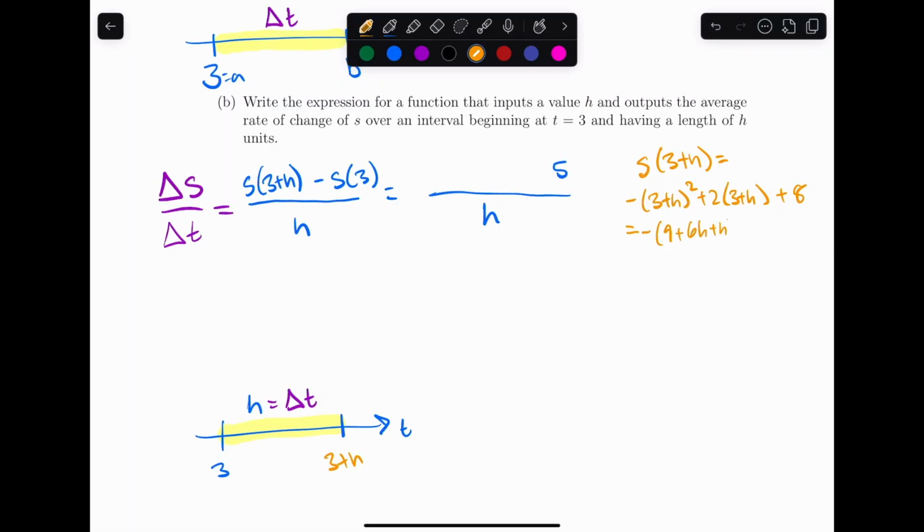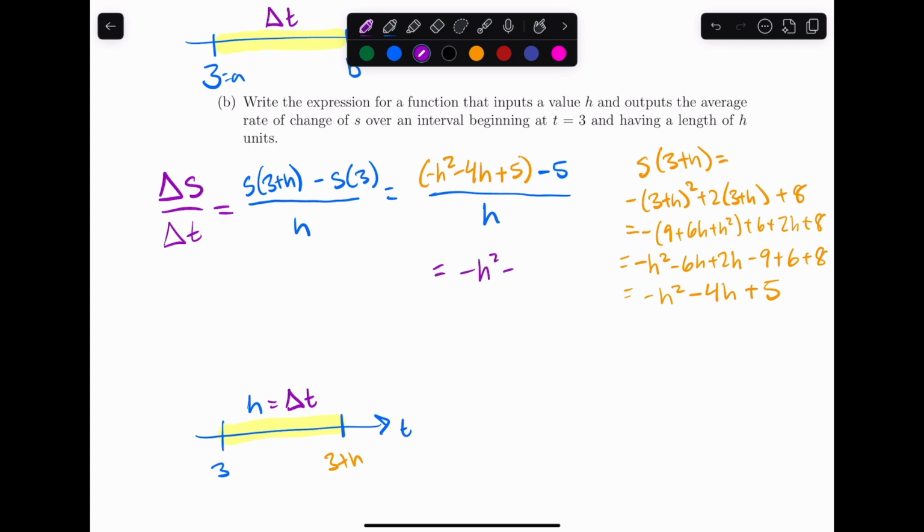And we can distribute and collect like terms. We end up with minus h squared minus 4h plus 5. Put that in here for s of 3 plus h. And when we simplify, our average rate of change is given by the formula minus h squared minus 4h all over h, because the 5s will cancel. On to the next page.